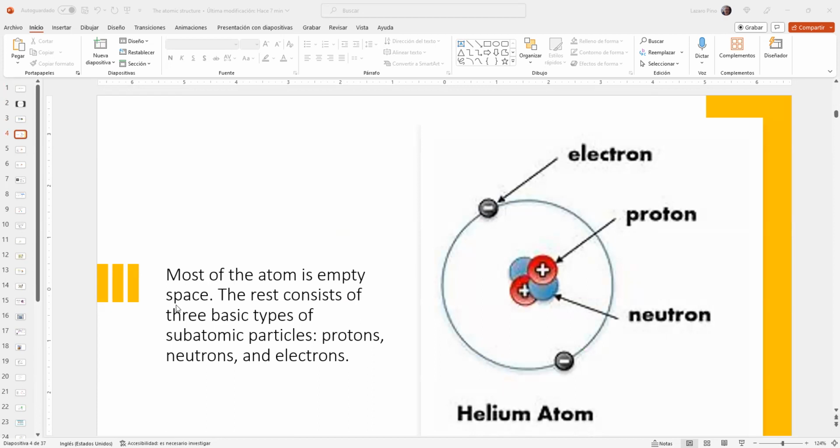The atom is almost empty space, because it's made of a cloud of electrons, and almost all the mass is centered in the middle of the atom, what we call the nucleus of the atom, and it is made of protons and neutrons.